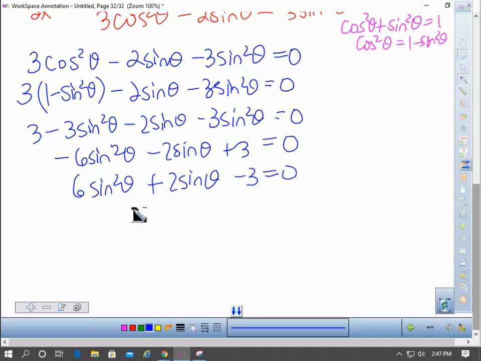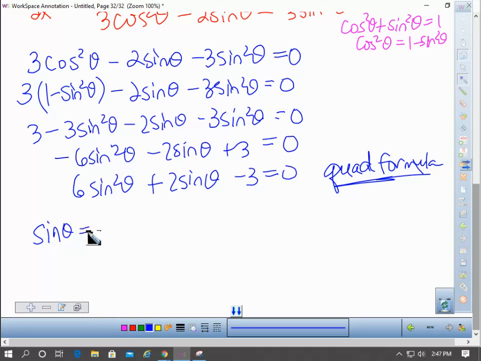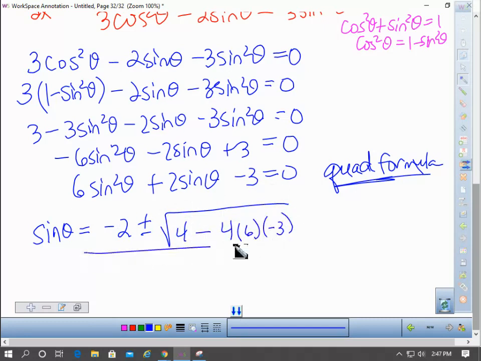All right. So if it's not factorable, I'm going to use the quadratic formula. Now, I've not come across very many where you actually have to use the quadratic formula, so don't panic or anything. Normally your quadratic formula is x equals negative b, because x is our variable that we're factoring, but in this case, the sine is our variable that we're factoring. So sine equals negative b plus and minus the square root of b squared minus 4ac, all over 2a.